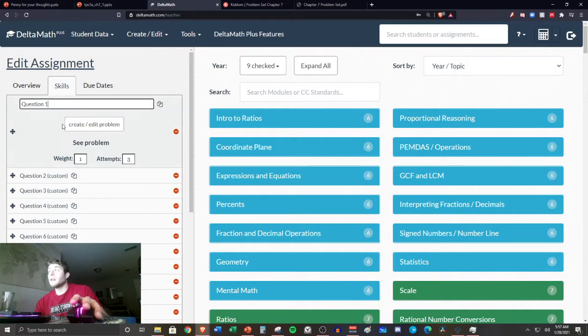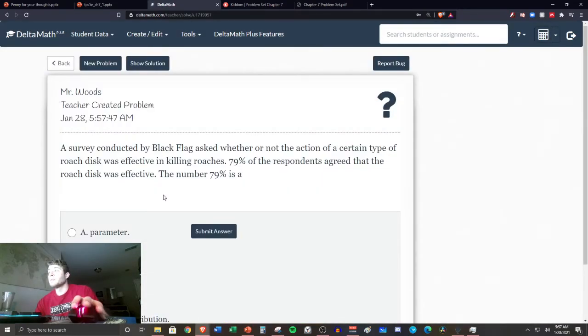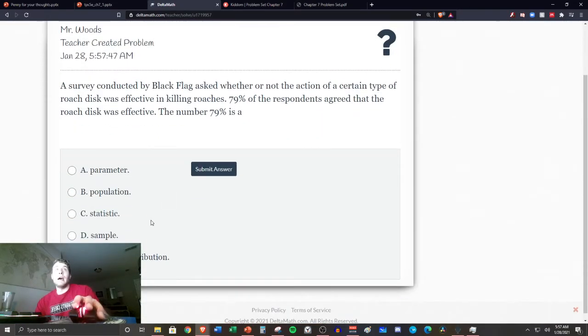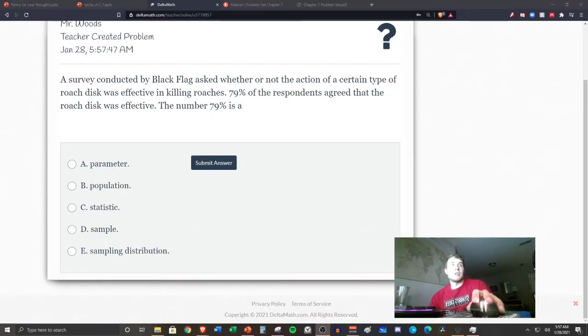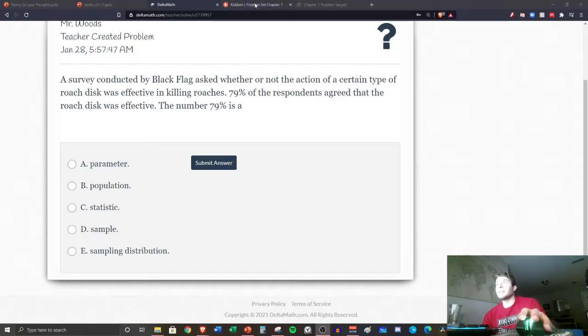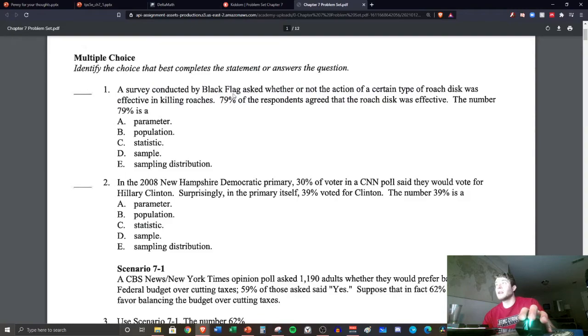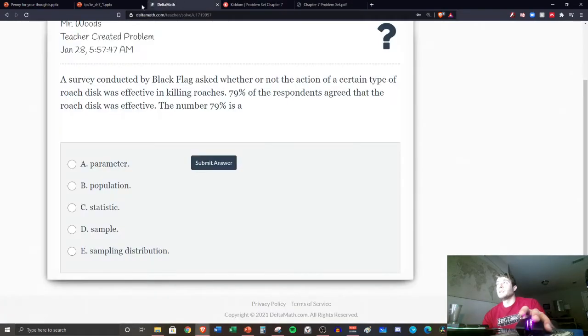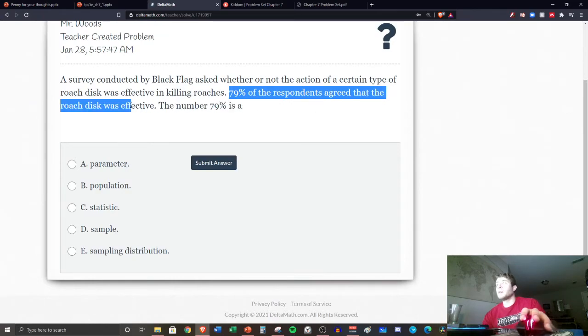So you'll notice that if we go to question 1 here, okay, you have the exact same question as what we have here. A survey conducted by Black Flag asked whether or not a certain type of roach disc was effective in killing roaches. Okay, so it's the same exact thing. It said 79% of the respondents agreed that the roach disc was effective.